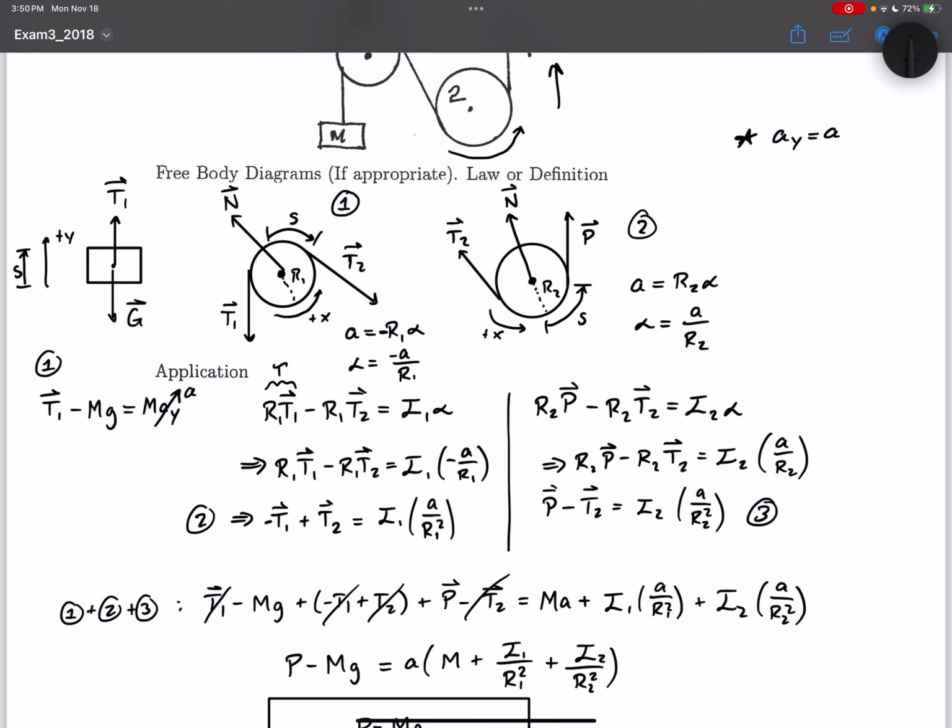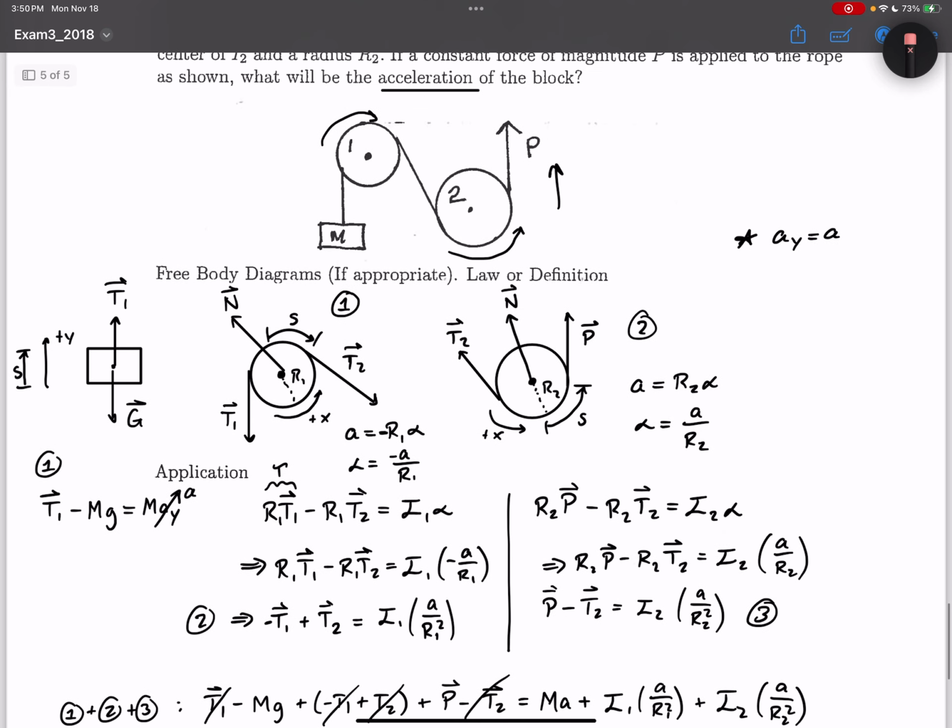A torque in the counterclockwise direction is positive, and a torque rotating something in the clockwise direction is going to be negative. So you have to think about which direction the pulley is rotating in terms of the axis you could write down.